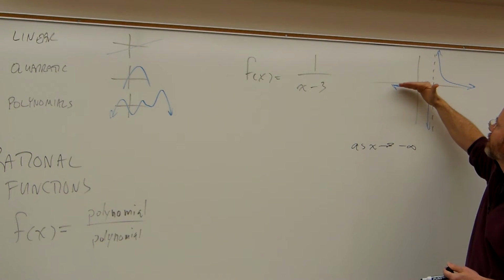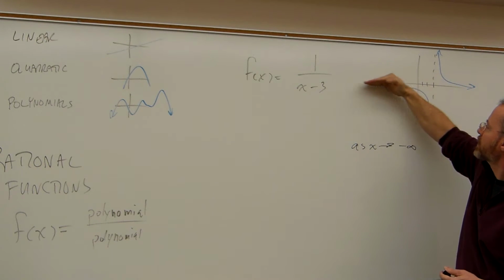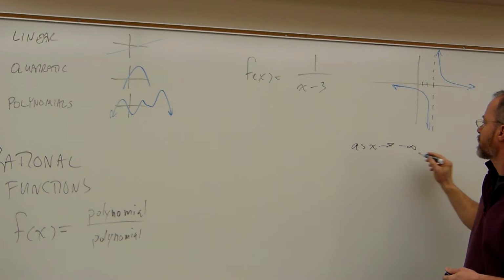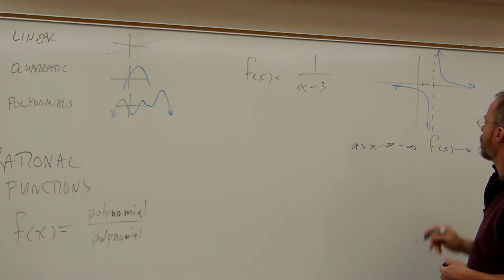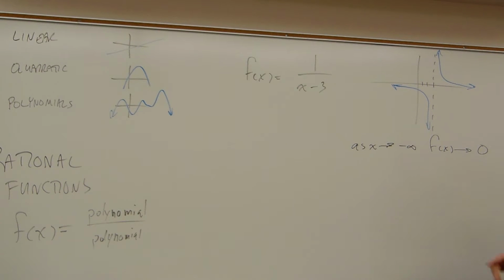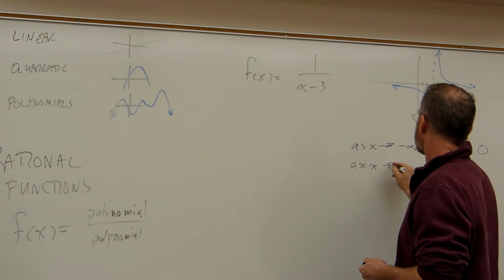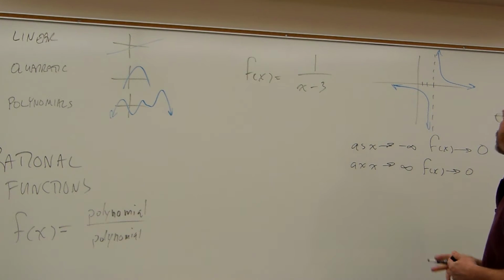Instead, what I have is this kind of behaving asymptotically to the x-axis. It's actually just getting closer and closer to 0. We could say as x goes to negative infinity, f of x approaches 0. And similarly for the other tail, as x approaches positive infinity, f of x also approaches 0.